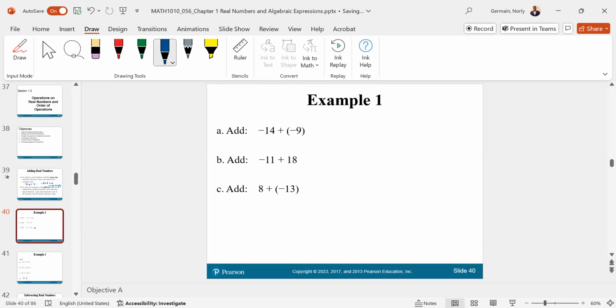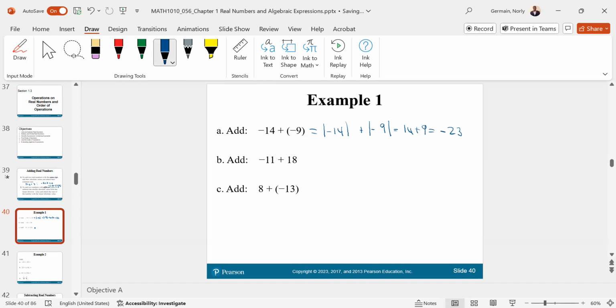We take the absolute value of negative 14, which is 14, and 14 plus 9 is 23. But because both signs are negative, the answer would be negative 23. So that's mostly what we need to do.